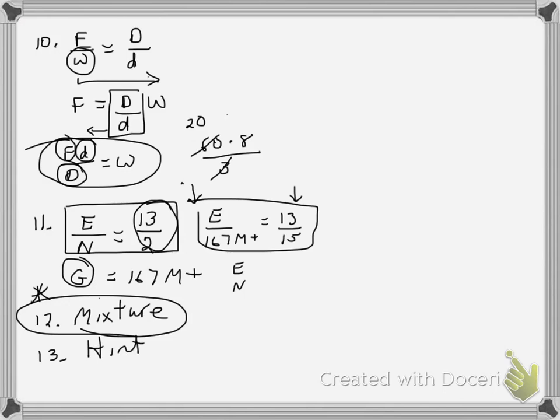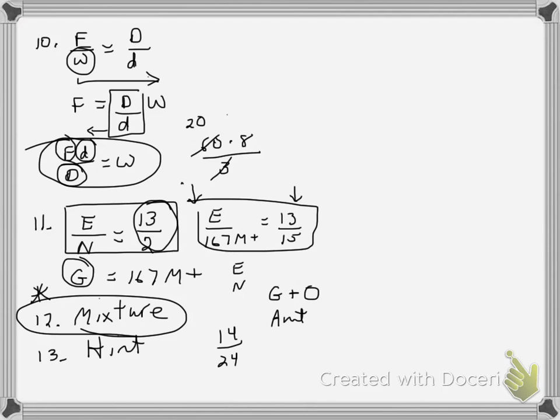For 13, it says it's 14 over 24 pure. My first column will be the amount of the alloy, which is going to be the gold plus other, whatever else they're mixing with it.